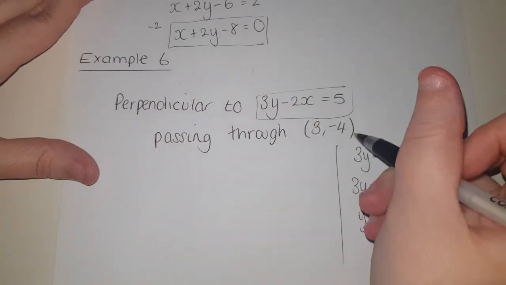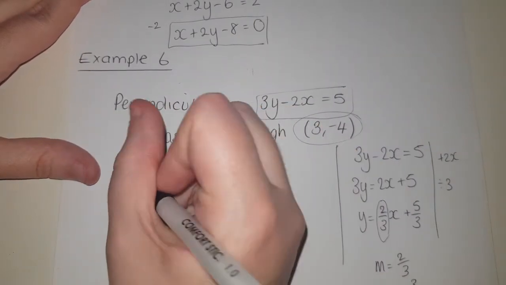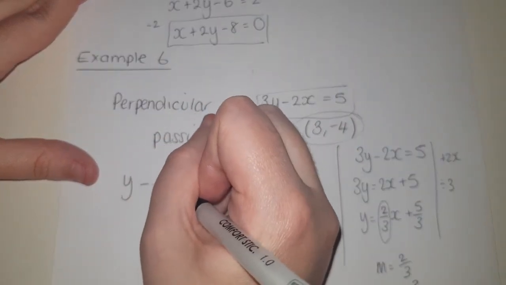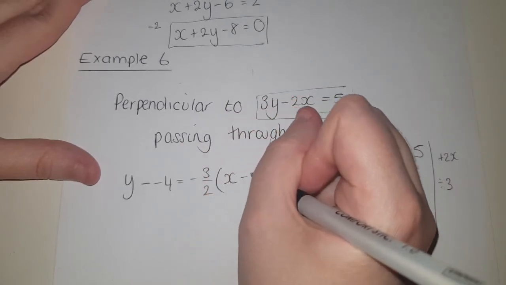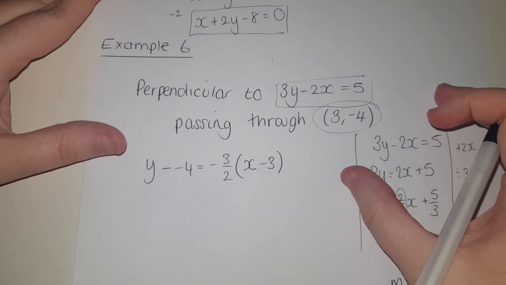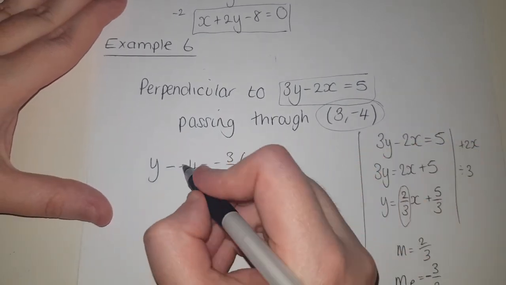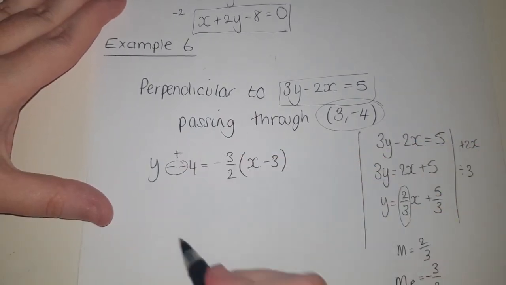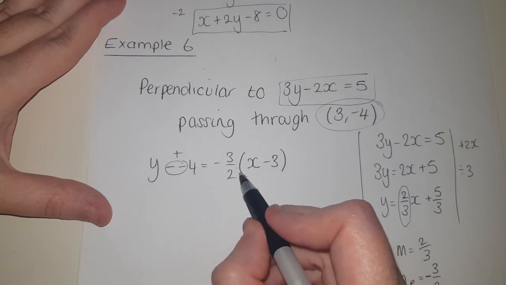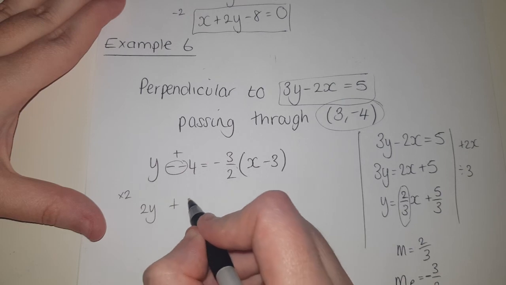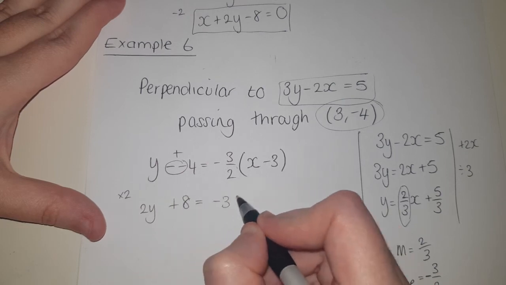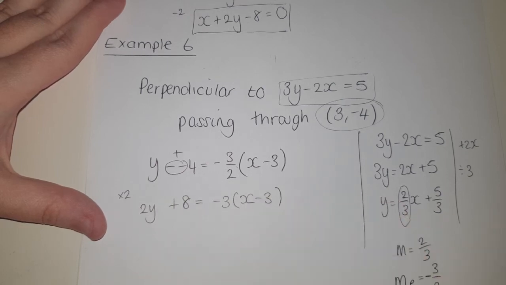Okay, so I'm using this point and my new gradient, so I get y minus minus 4 is equal to minus 3 over 2 lots of x minus 3. I realised I've written that rather big. So 2 minuses make a plus. First thing we're going to do is get rid of the bottom of the fraction, same as before. If I times by 2, I get 2y plus 8 equals, and I've still got minus 3 outside the brackets.